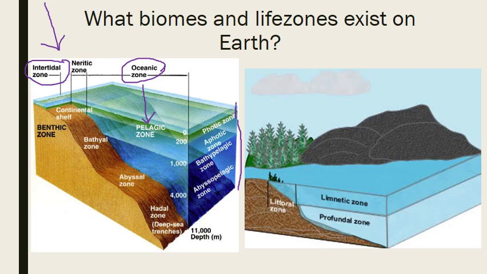It's also divided into different pieces just because of the kinds of organisms that you might find there. So the very top is called the epipelagic. And that tends to coincide with that photic zone. This is where you're going to have a lot of those small photosynthetic organisms, jellyfish, things that kind of float at the top. The second layer that you have is called the bathypelagic zone.